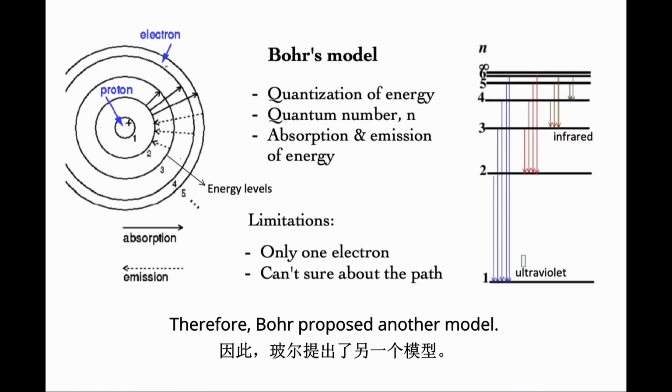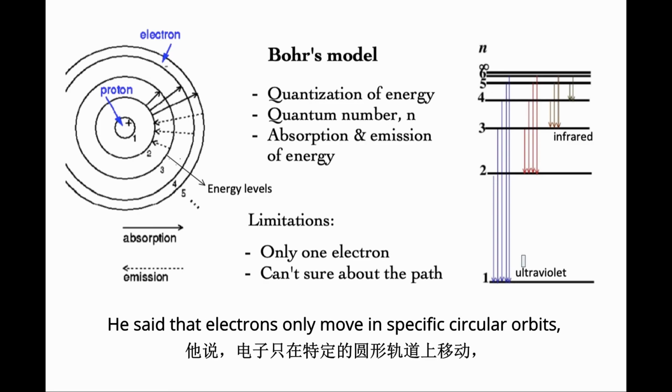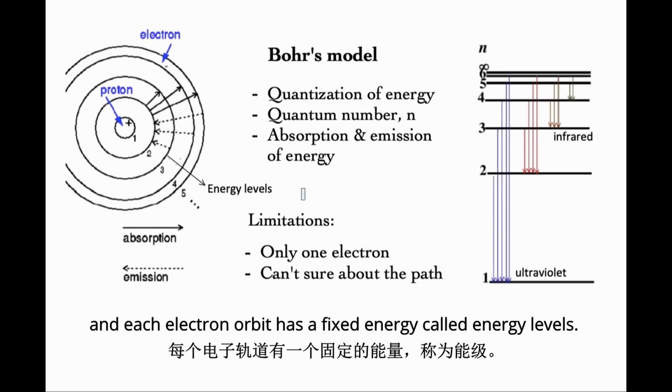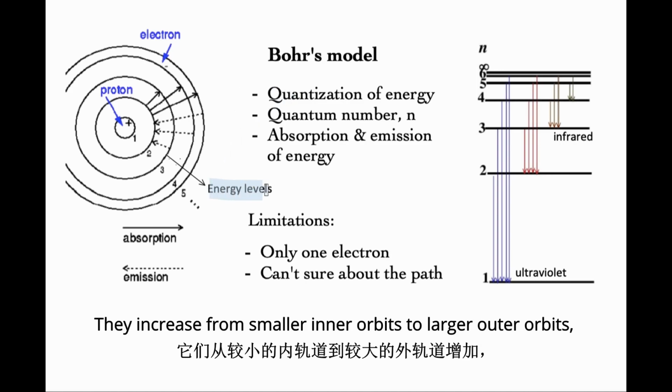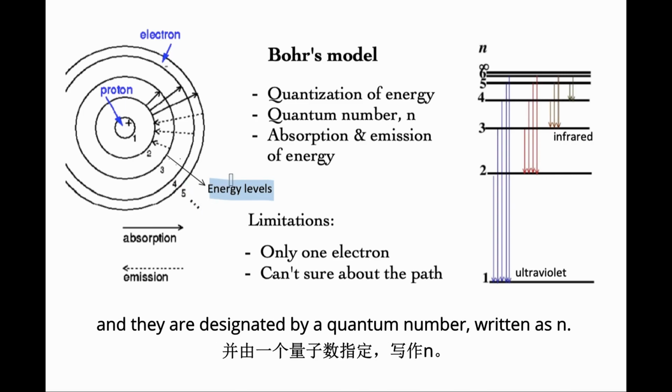Therefore, Bohr proposed another model. He said that electrons only move in specific circular orbits, and each electron orbit has a fixed energy called an energy level. They increase from smaller inner orbits to larger outer orbits, and they are designated by a quantum number, written as n.